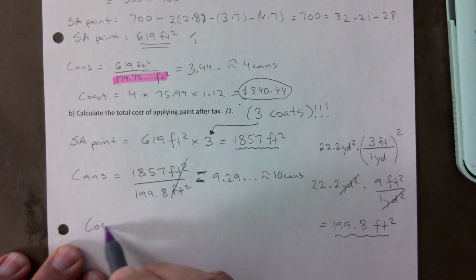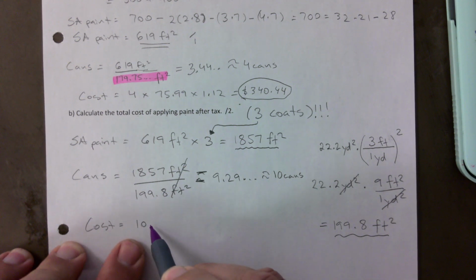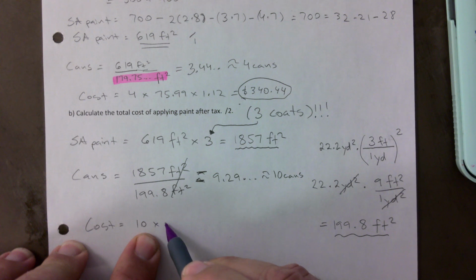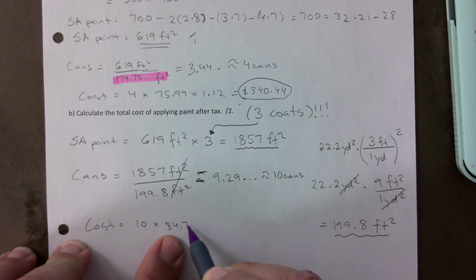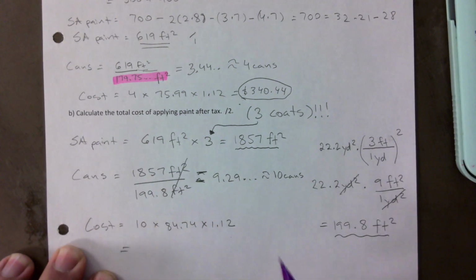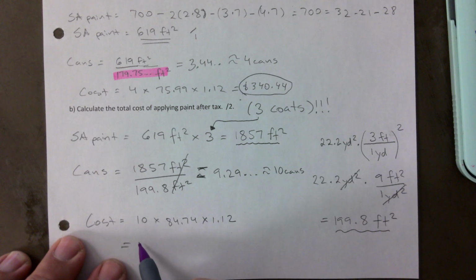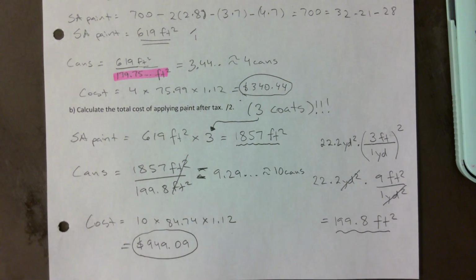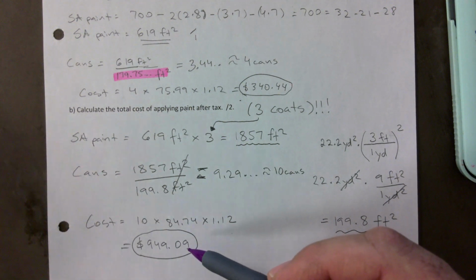So cost would be 10 times 84.74, and we're going to add taxes to this. That is the equivalent of, where am I? 949.09. That's the, I want you to always clearly identify the final answer. That's your final answer here.